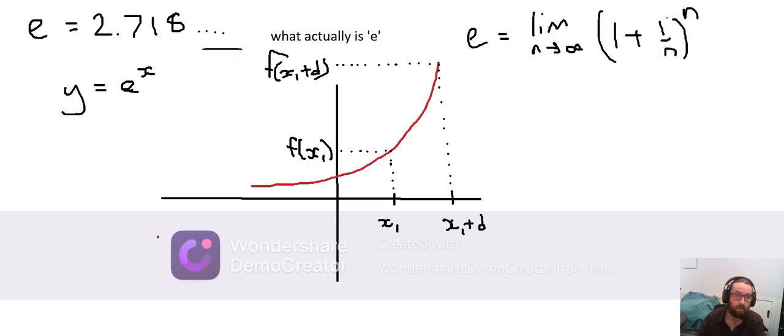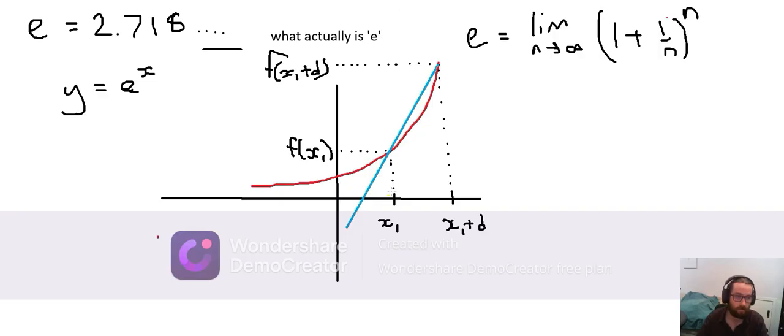And now let's investigate the tangent. Now, this is obviously going to be very inaccurate. This is not at all going to be my tangent at this point. It's just way too different. But as d gets closer and closer to 0, this tangent's going to get more and more accurate. So let's try and formalize that idea.